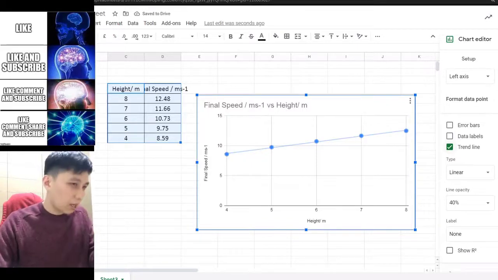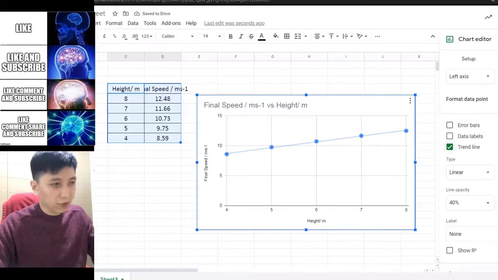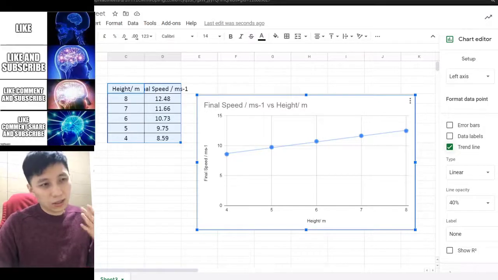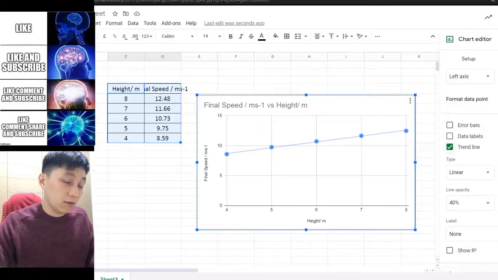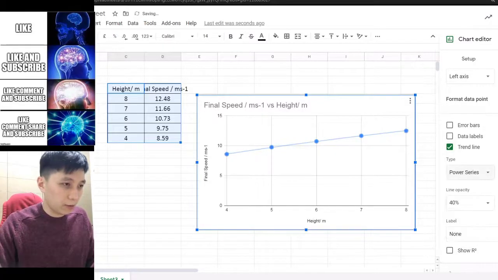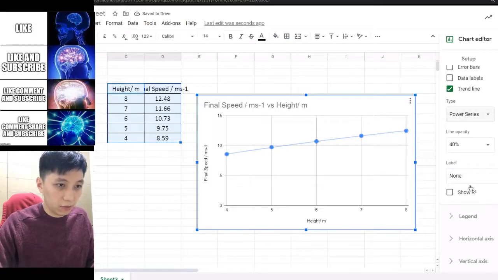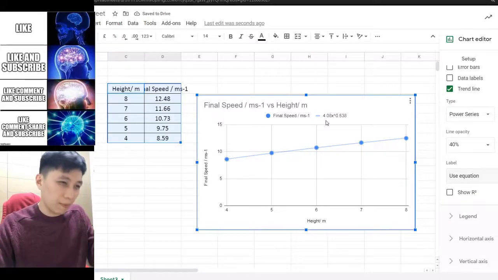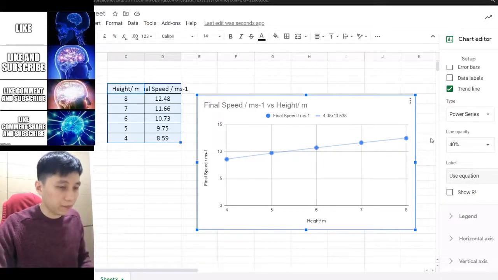It looks like passing through all the points, but again, if you try to use a linear line, it won't work later on because that's not how it's meant to be using the energy equations framework. So again, you should use the power series, and that should give you the equation like this one, 4 times x to the power of around 0.5.